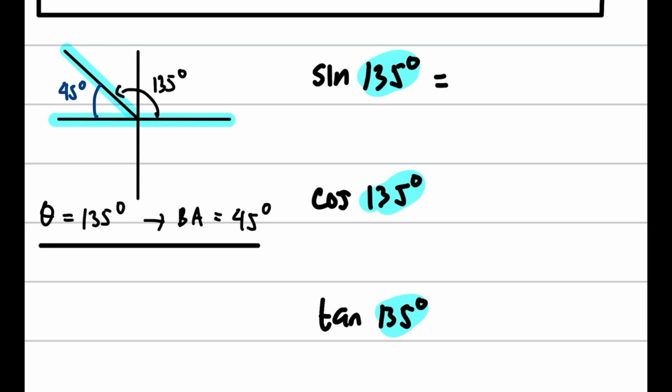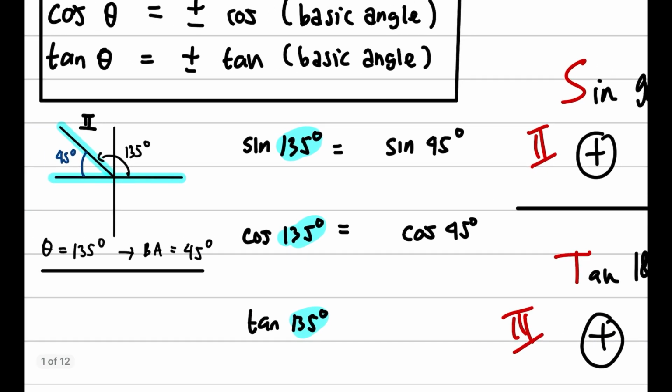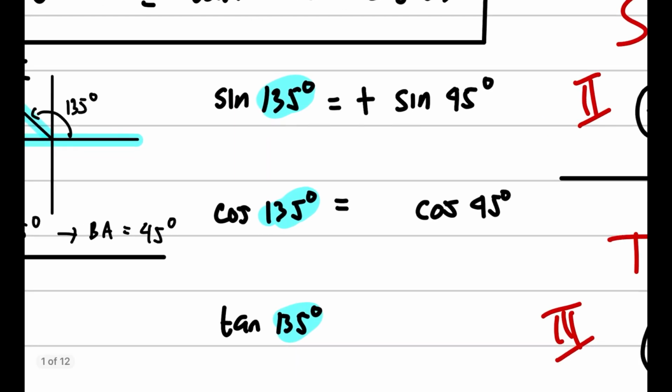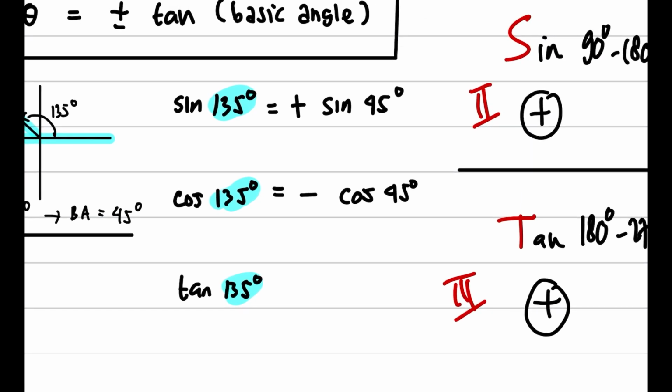So the sine of your angle will be equal to the sine of your basic angle, which is 45 degrees, and that is also the same for cosine. But you have to put plus or minus depending on the quadrant. Because your line lies in the second quadrant, only sine is positive, so you put plus here, but cosine is negative.